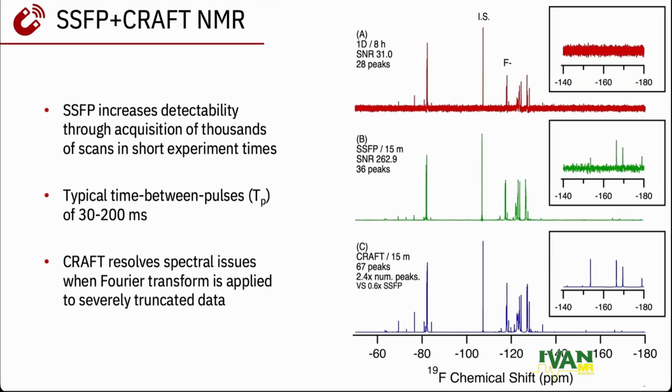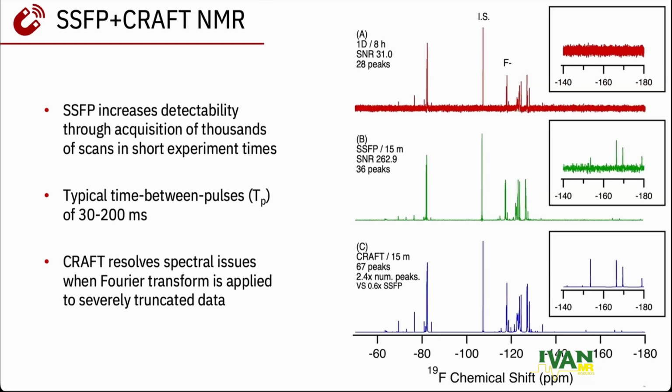So what CRAFT does for SSFP is it mitigates a lot of the issues when working with heavily truncated data. So if our time between pulses is only 30 milliseconds, you can imagine that FID becomes heavily, heavily truncated. And then in the 1D NMR spectra, the conventional Fourier transform result, you see all sorts of truncation artifacts and wiggles in the baseline, and any solid component of the probe gets highlighted in SSFP.